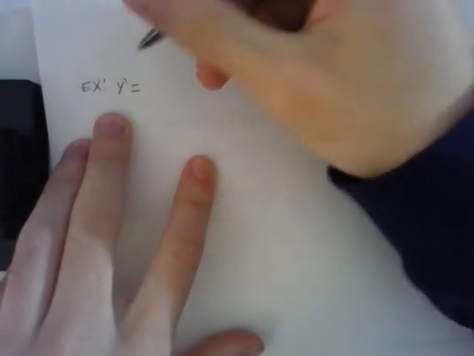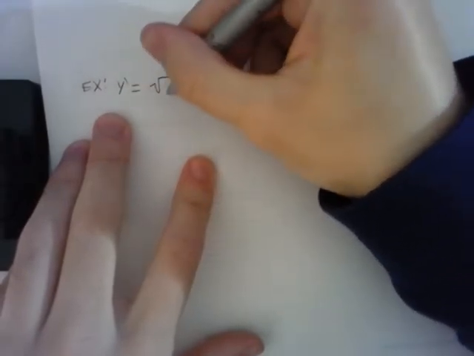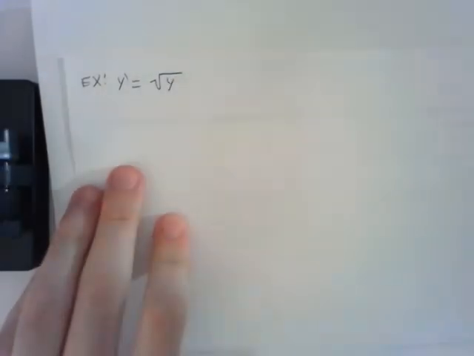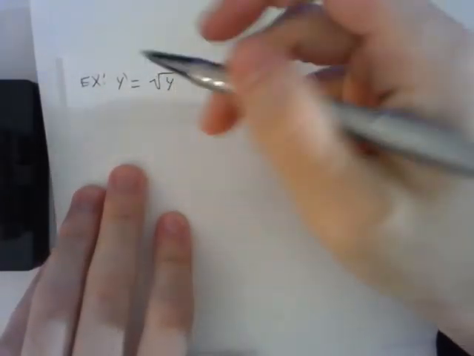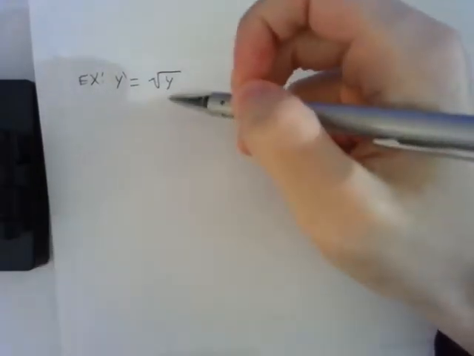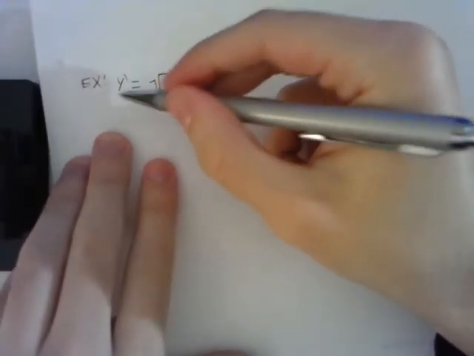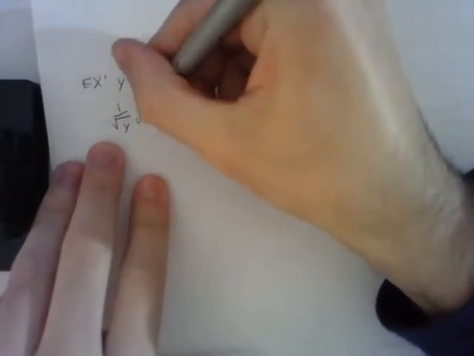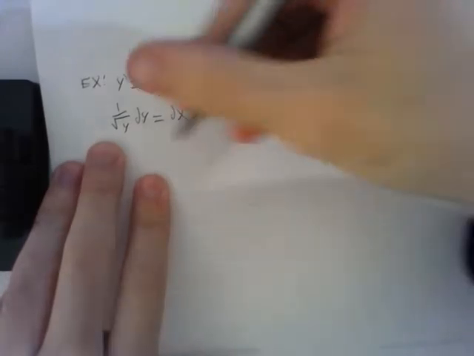Okay, next I'd like to look at the equation y prime equals square root of y. Let's try to solve this using separation of variables. We have dy/dx on the left. We want to get all the y's over on the left, so we'll have 1 over square root y dy equals dx.